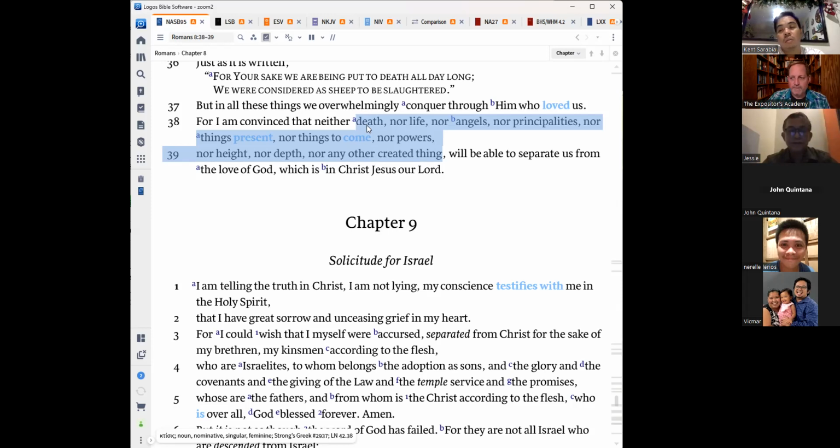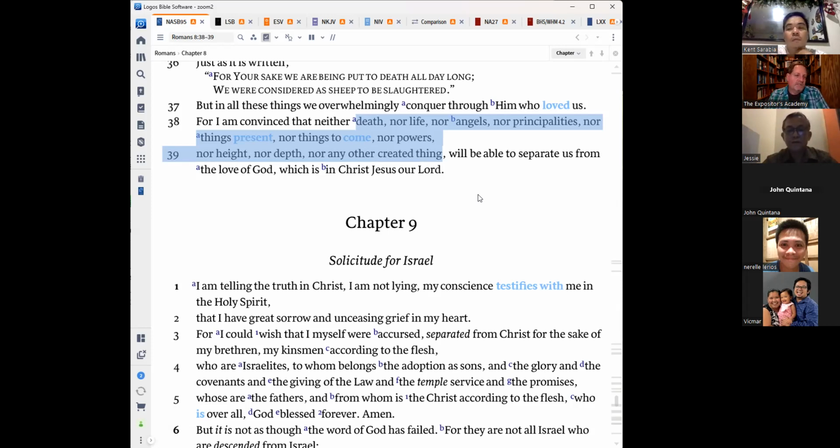There you go. Yep, exactly. So even as you preach this text, there should be more emotion, more passion, more emphasis, because Paul expresses that by putting in these poetic devices, these merisms.